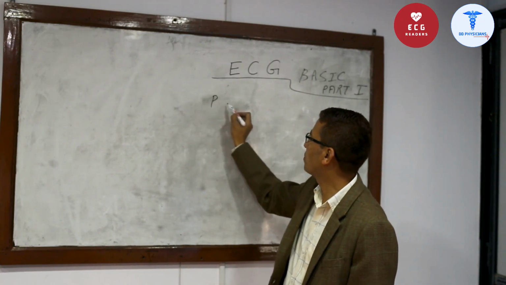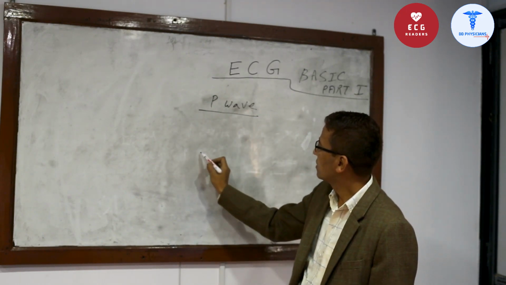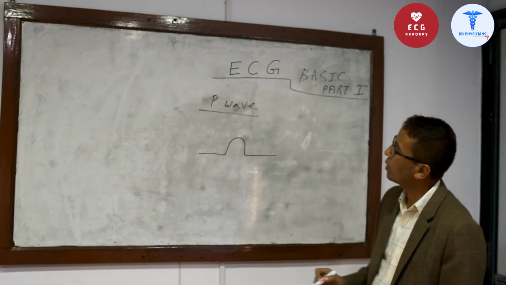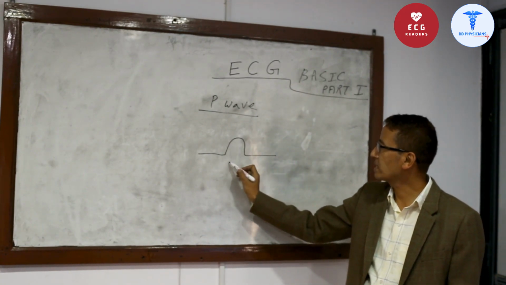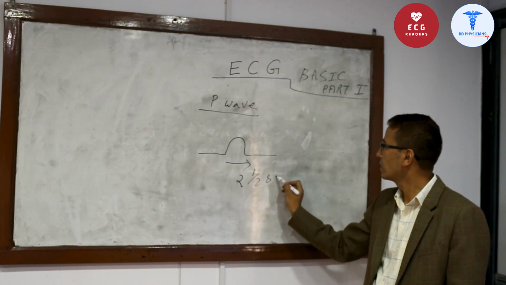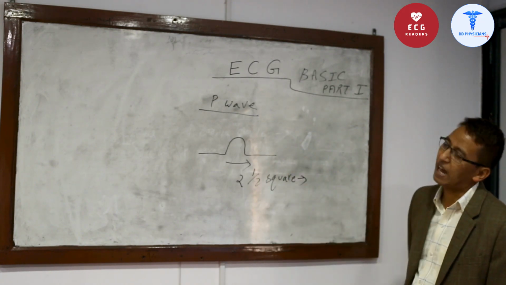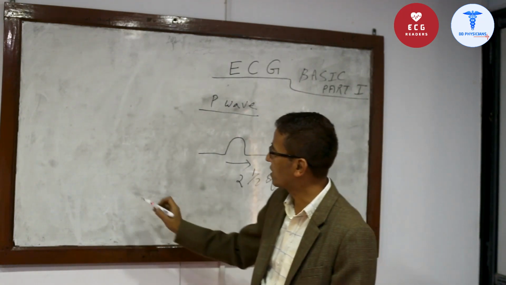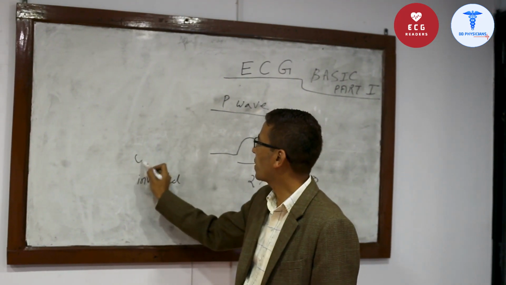We'll talk about the P wave. Normally the P wave is positive in all the leads. It looks like this, and in the x-axis its duration is 2.5 squares.